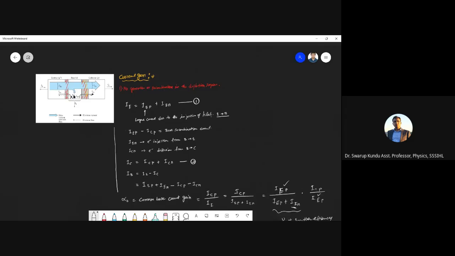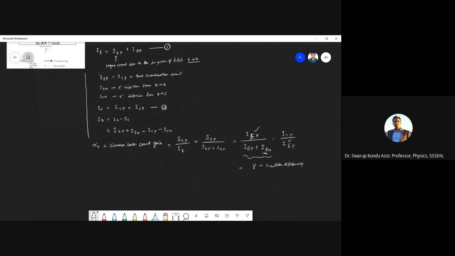So you can reduce it by using different doping concentration. So that's why you make emitter very highly doped. So you have more number of holes and comparatively less electron in the base to achieve this gamma to unity.